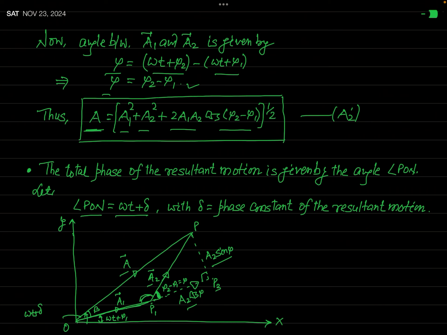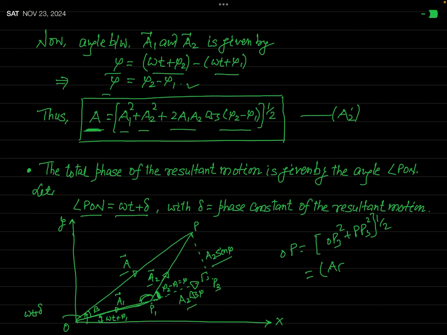And now from this figure you can easily find the value of A again. You can see from this right angle triangle, if you want to find the value of OP, that OP will be the square root of OP3 square plus PP3 square, that is, whole to the power half. But see the figure, OP3 will be equal to A1 plus A2 cos phi.